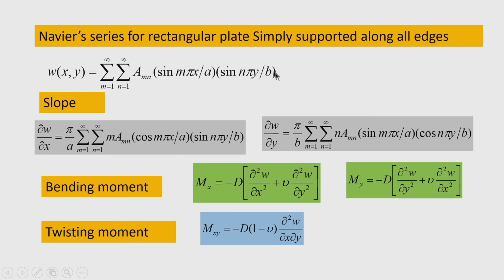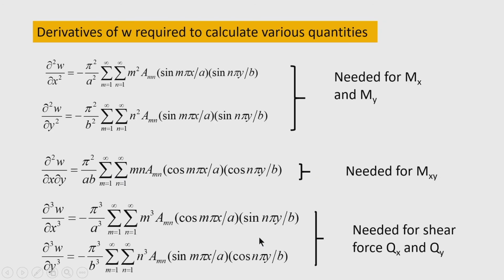Once the deflection function is known, systematically all the derivatives can be calculated. For convenience I am showing you the other higher derivatives. Del square W by del x square is minus pi square by A square, and inside the summation it will be m square a m n sin m pi x by A sin n pi y by B. It is needed for calculation of m x and m y in both bending moment expressions.